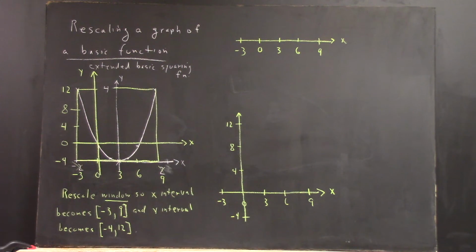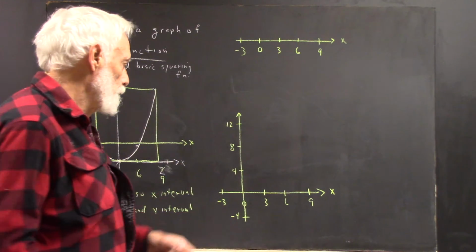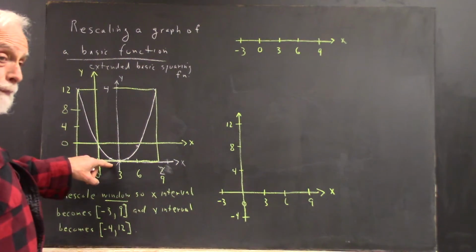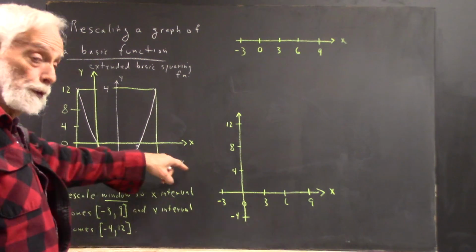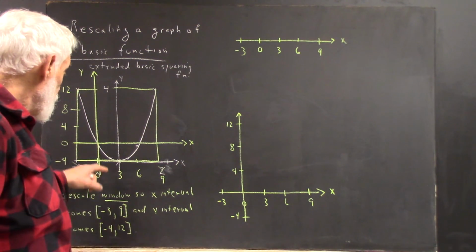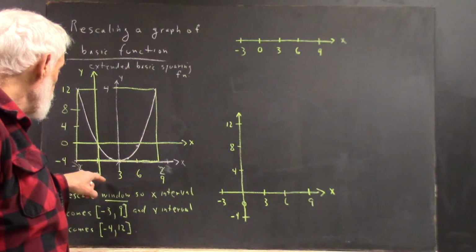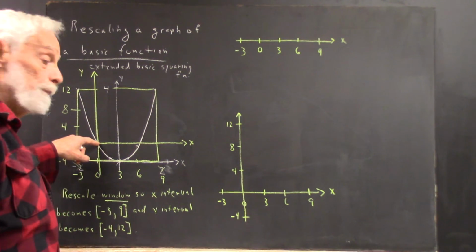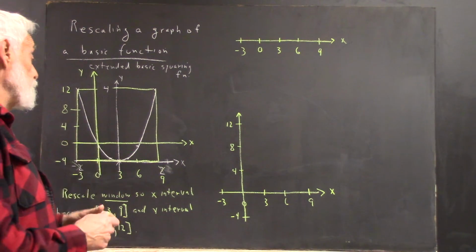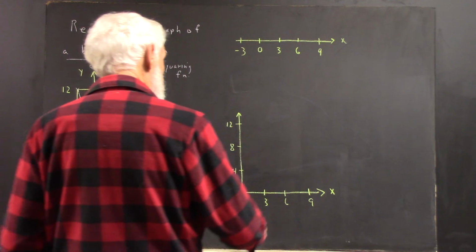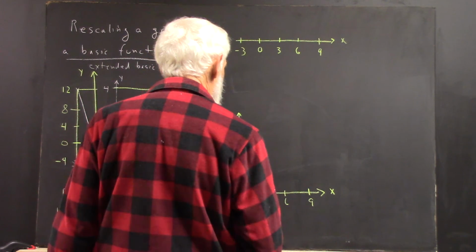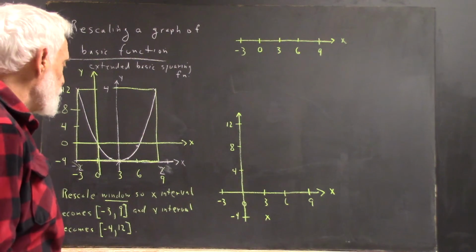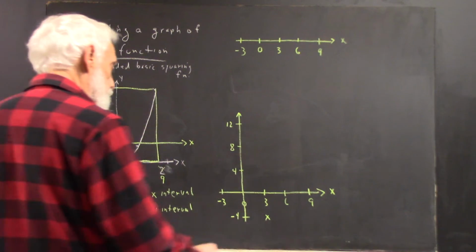Okay, now, again, my graph is not going to look the same. The vertex, which is at the origin of my original XY system, is now 3 units to the right and 4 units below the origin of the new system. So I've got to move 3 units to the right and 4 units down. And there's my vertex.